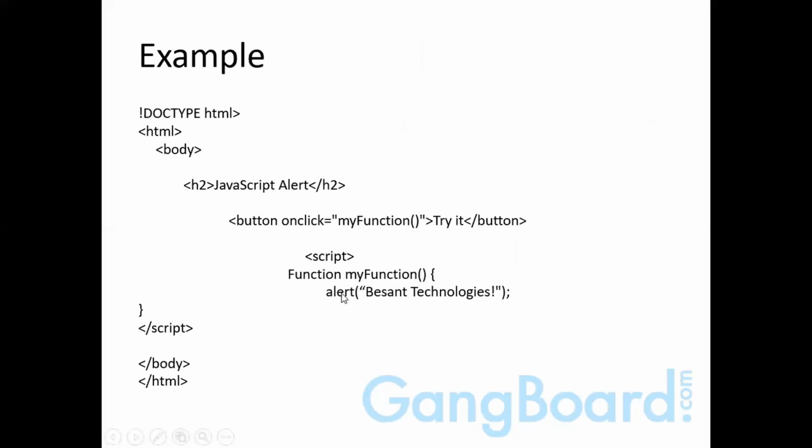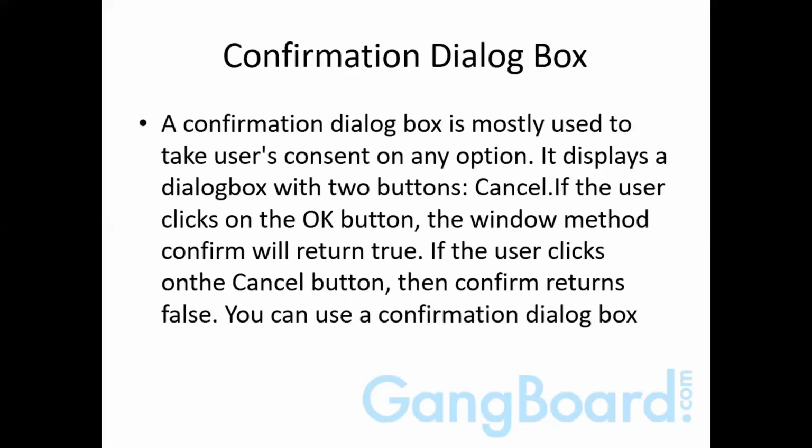Inside, I am giving a normal alert, and I am giving here Best Technologies. When the button is triggered, this JavaScript method will be called, and inside it an alert box will be displayed. It will display Best Technologies.